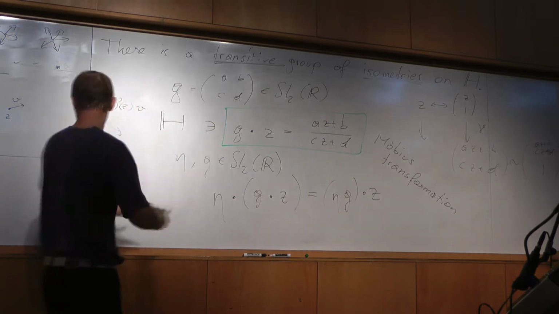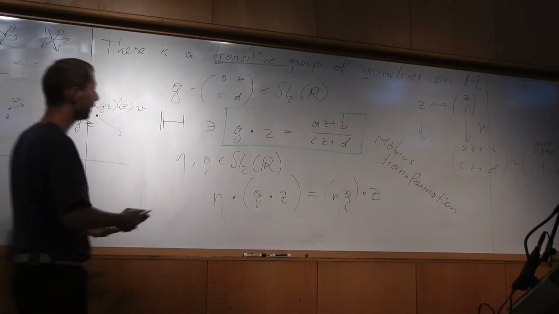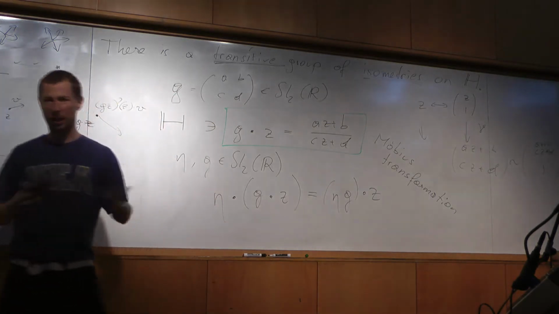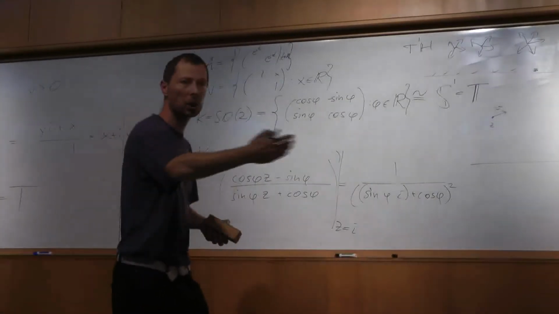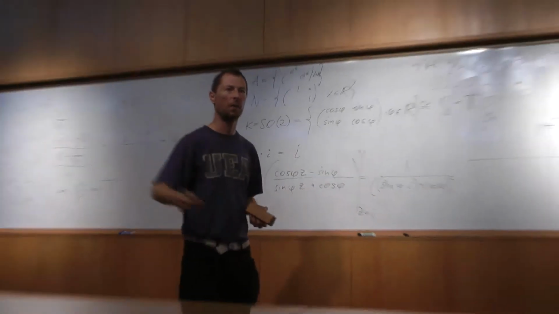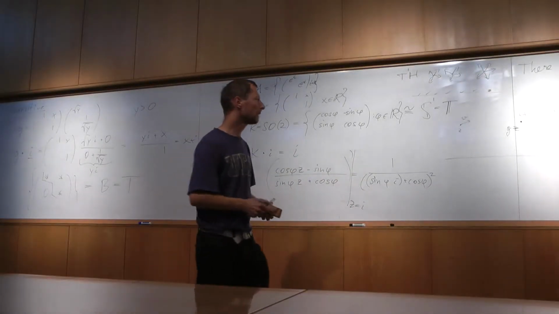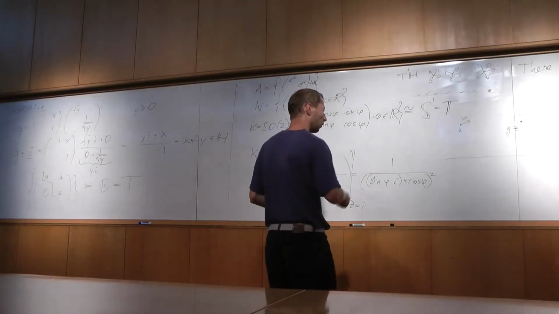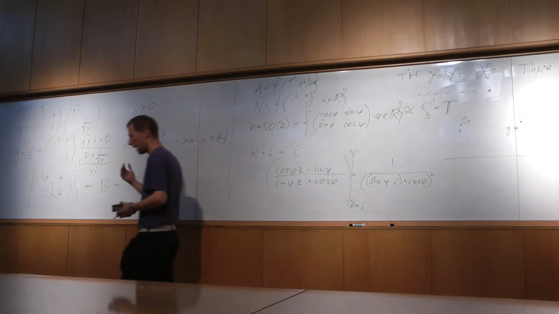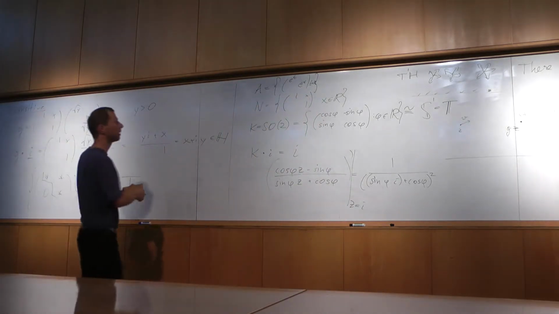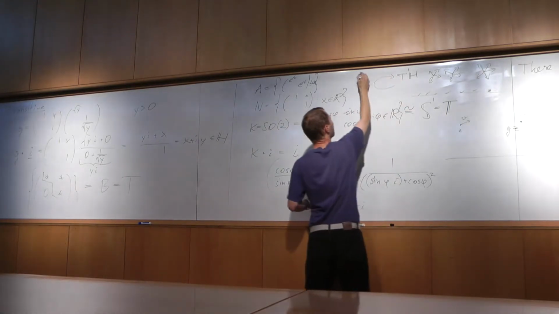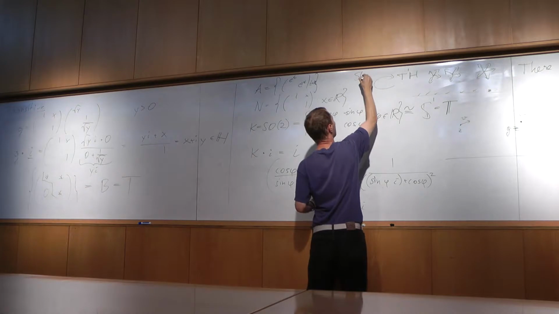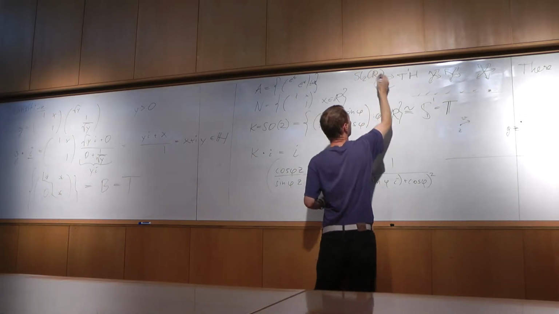And then check by the calculation that I didn't do, that it doesn't change the length of curves, the length of tangent vectors, if you apply the derivative action on the tangent vector level. So you get an action of SL2R on the unit tangent bundle. Somewhere I had a unit tangent bundle. Now we have SL2R acting on it.